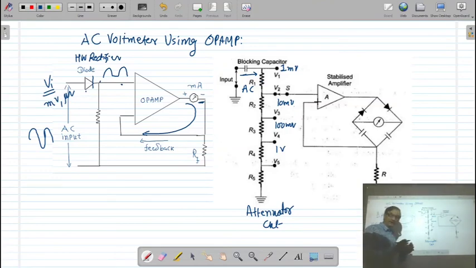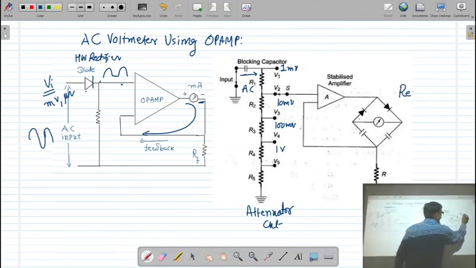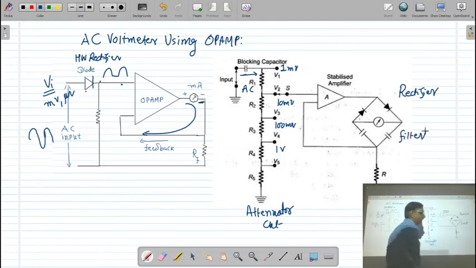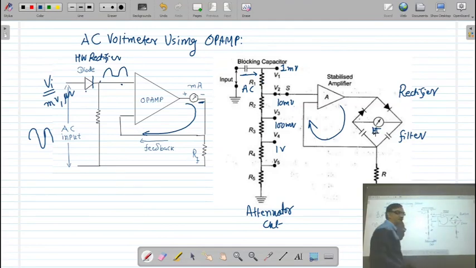So if the signal amplitude is very small, it is going to be amplified. And in the output, we have a rectifier circuit, and here we have a filter circuit. Remember, in the feedback part, the rectifier circuit is there.